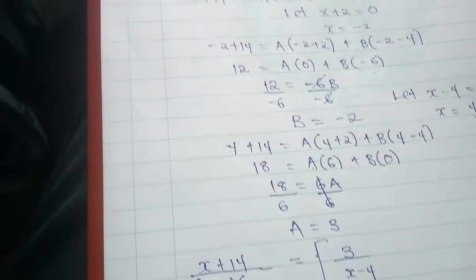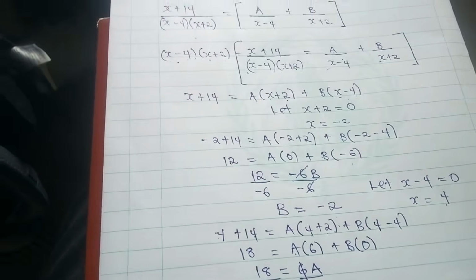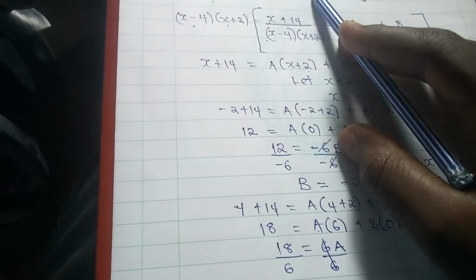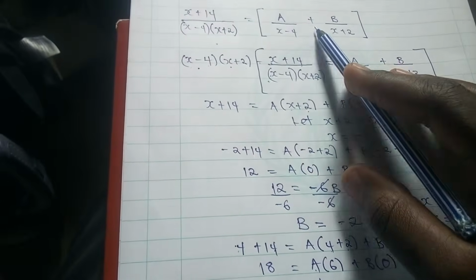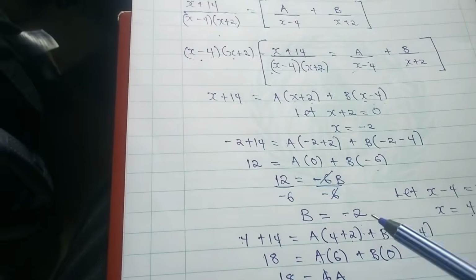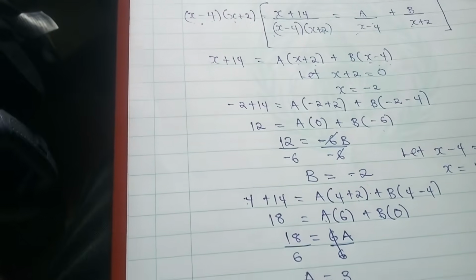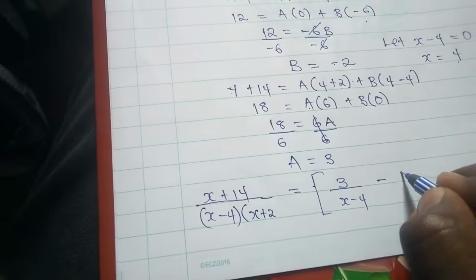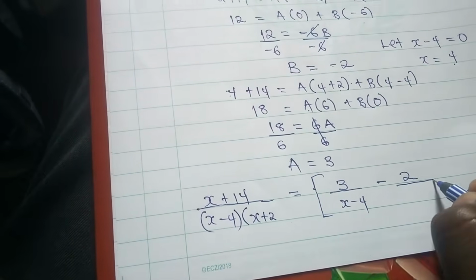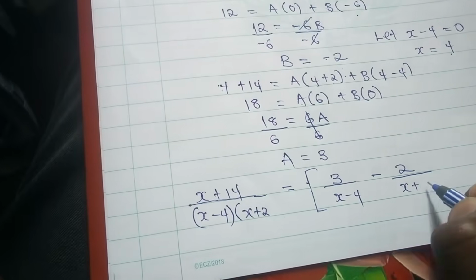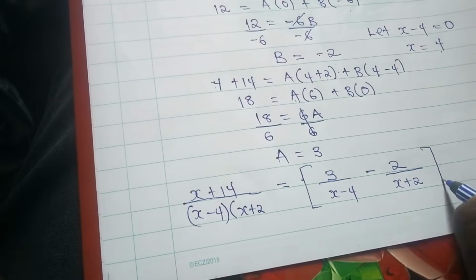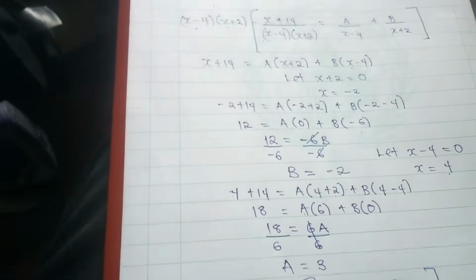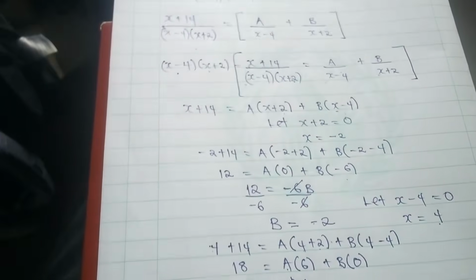Bear in mind that the value of B is -2, so the negative is multiplied with the positive sign there, and positive times negative gives a negative. So it is minus 2 over x + 2. So you have resolved that equation that is given into partial fraction.